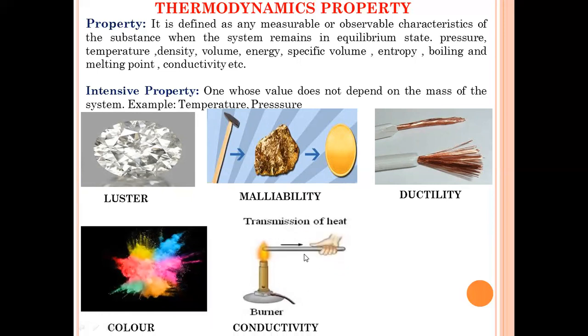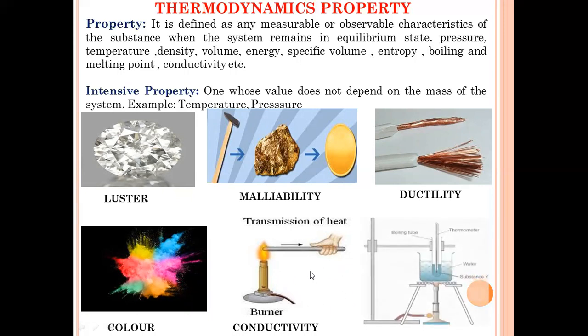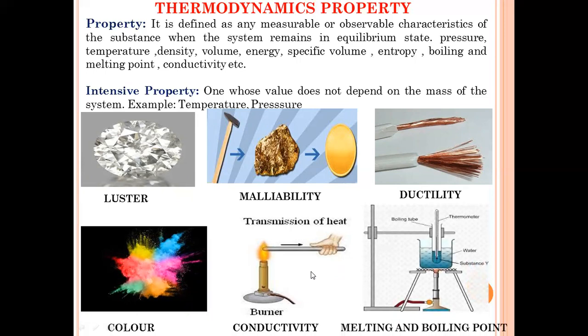Conductivity does not depend upon the mass. 100 meters of wire has the same conductivity as 50 meters of copper wire. Boiling point and melting point: 1 kg of water has the same boiling point as 50 kg of water, so boiling point and melting point do not depend upon the mass.